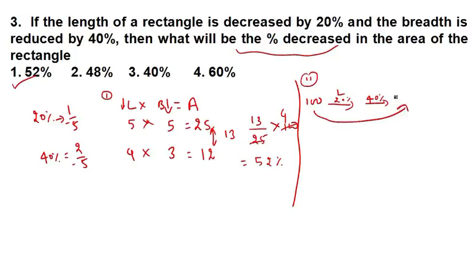Here I want to tell you one more thing. If you want to get the net effect, from the starting point to the end point, then this order is not important. You can interchange this order. Order means before it is 20%, now after that it is 40%.